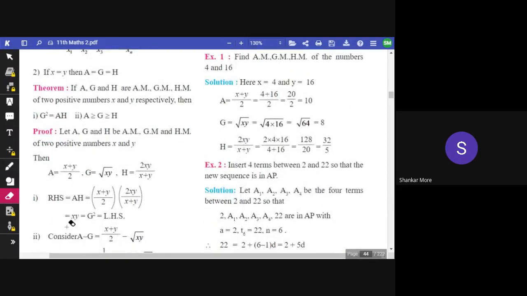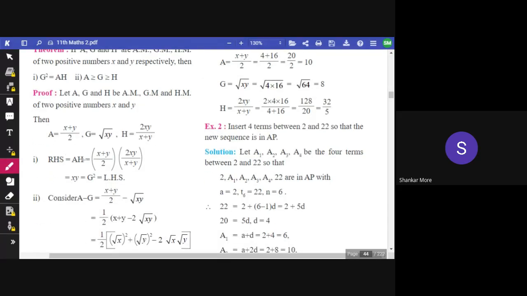We have the proof also given here. Let A, G, and H be the AM, GM, and HM of two positive numbers. Then A is equal to x plus y divided by 2, G is equal to root of xy, and H is equal to 2xy divided by x plus y. We know that. So the RHS, AH, we are proving for this.